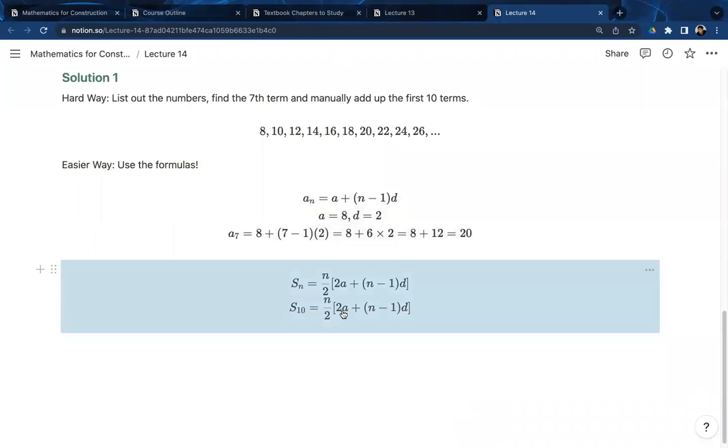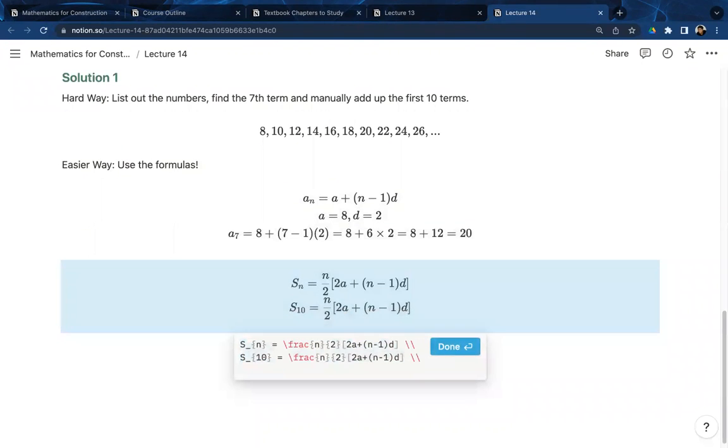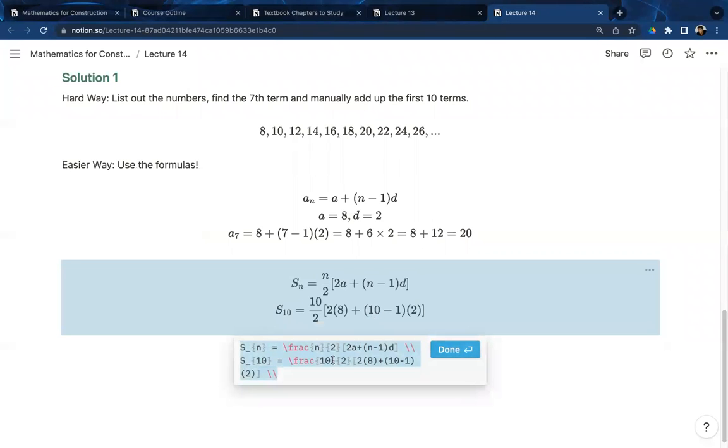So where I see n, I'm going to put 10. Where's a again? a is 8, n is 10, and d is 2. Wow, I have everything I need.